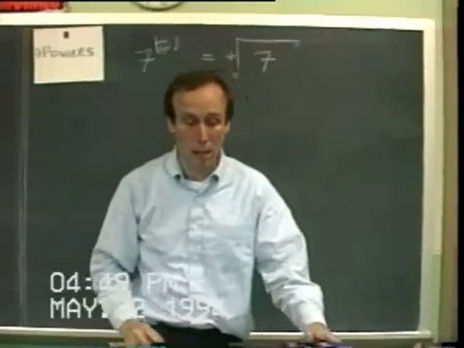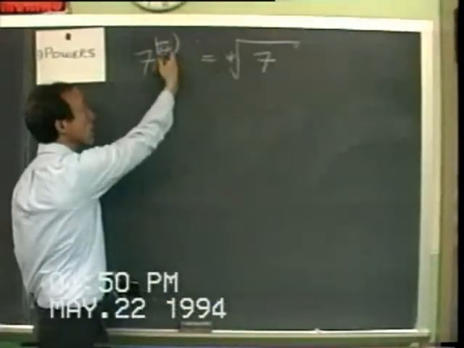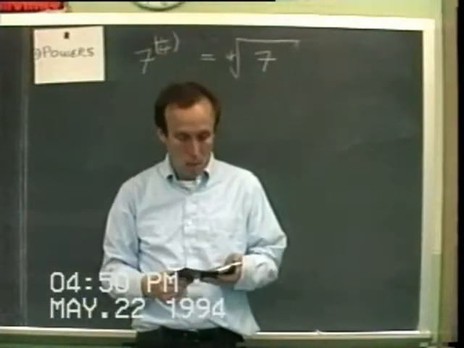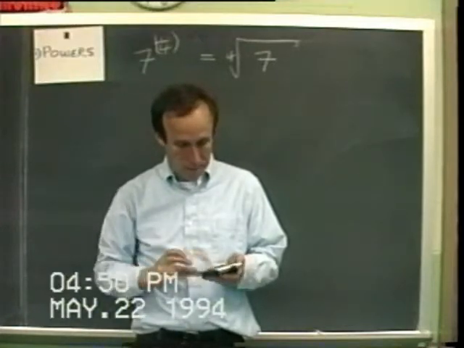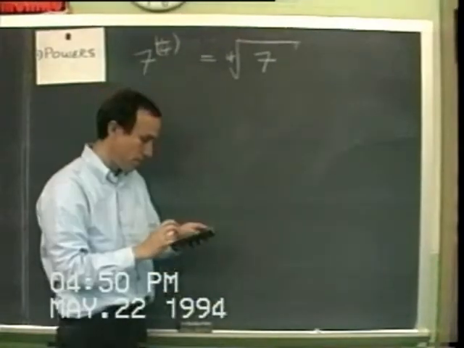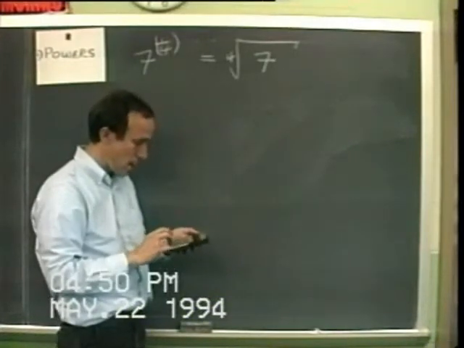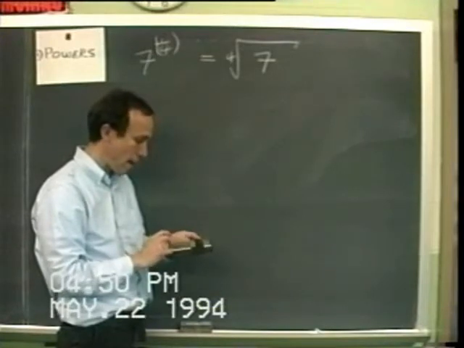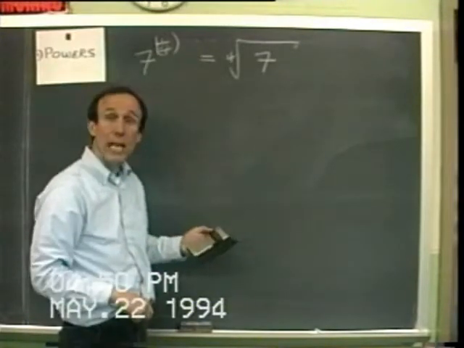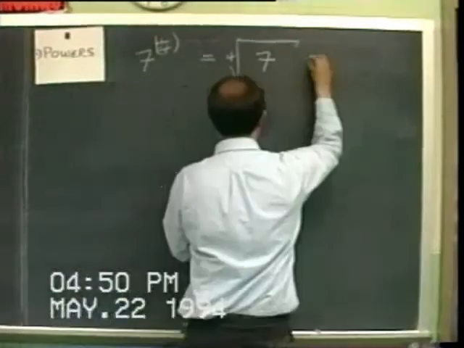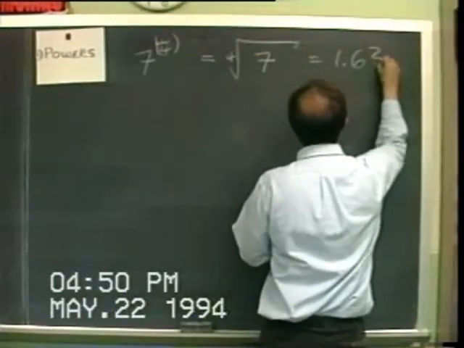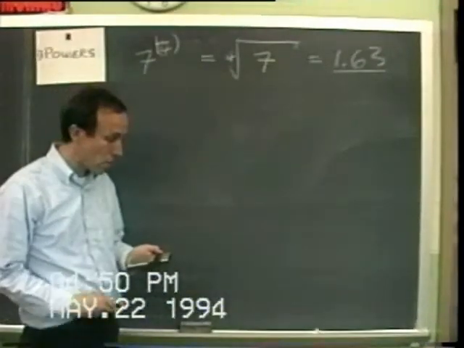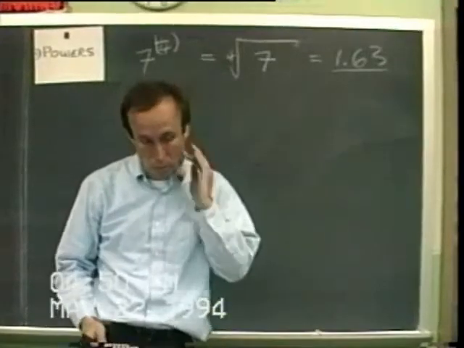If you've got a scientific calculator, you've probably got an expression, mine reads x to the y, where I can put in, for instance, 7, hit my x to the y key, and then 0.25, equals, and I get the 3 significant digits as the value of 7 to the 1/4. So it's the same as the 4th root of 7.